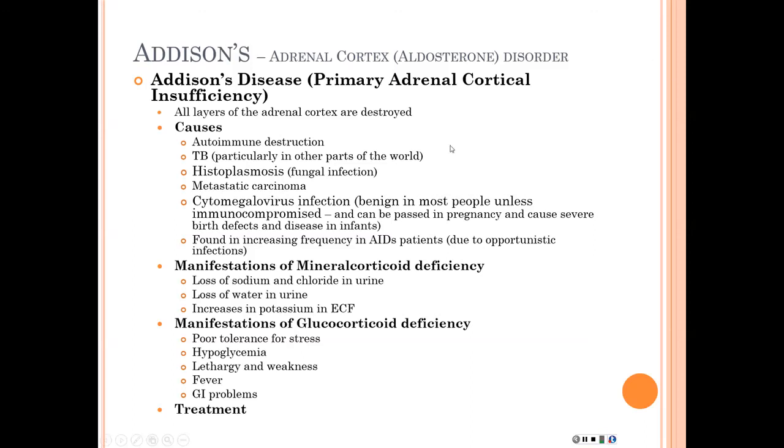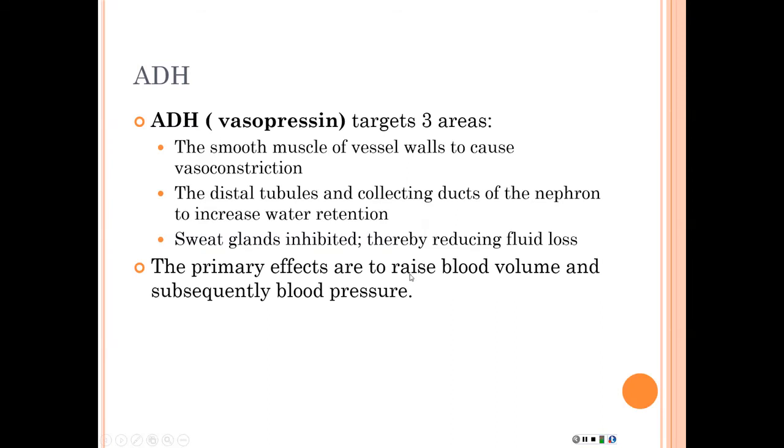So it's the primary regulator for sodium. Water follows sodium because of its osmotic properties, so things that go wrong with aldosterone affect blood volume and blood pressure. Likewise, ADH's main function is to target the kidneys to retain water.